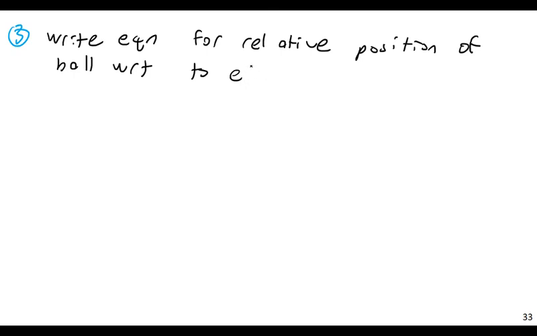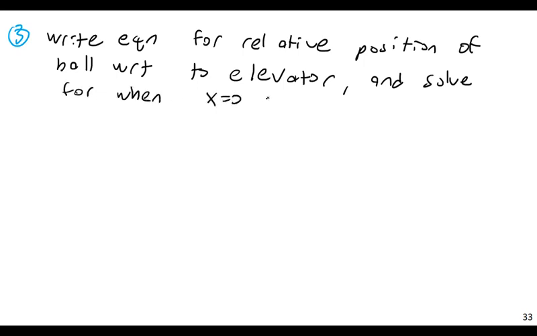And we get this by simply subtracting the 2 equations, and then solve for when the relative position equals 0, in other words, impact. So I know that y of b with respect to e, of the ball with respect to the elevator, is going to be yb of t minus ye of t.